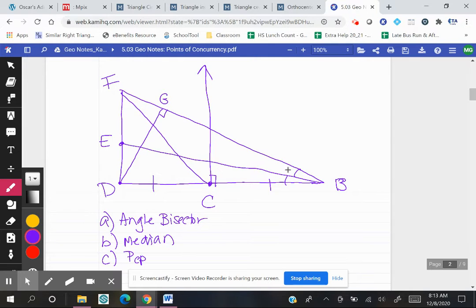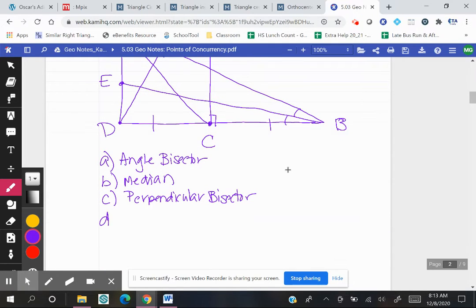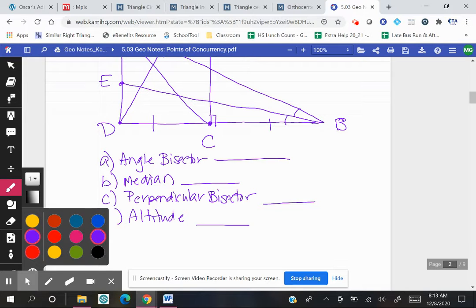Then I want you to name a line that is a perpendicular bisector. And then an altitude. Okay, so pause the video here and find me one line for each of those.